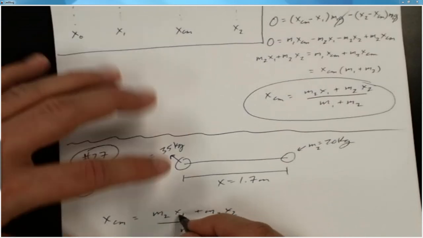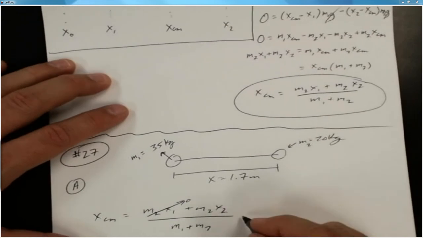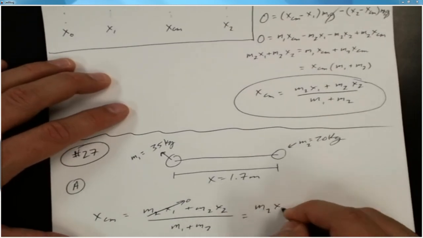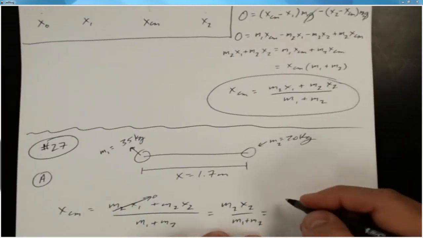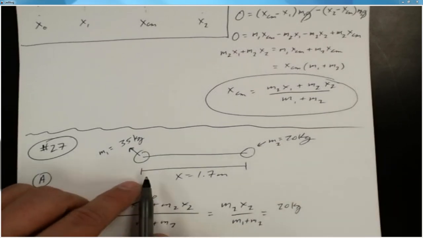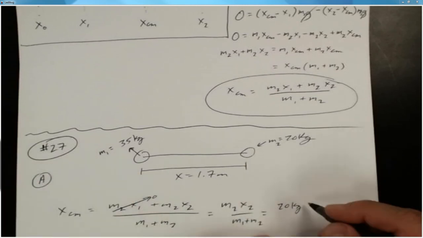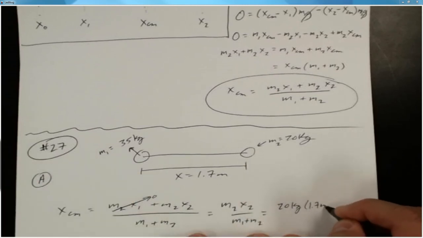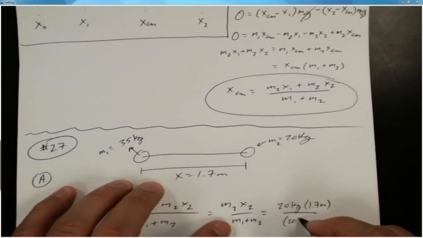But if I set the origin at x1, which I can do because it's arbitrary and my choice, then it becomes, mass 2 is 20, and the distance from the origin to mass 2 is 1.7 meters, and the two masses added together is 20 plus 35.